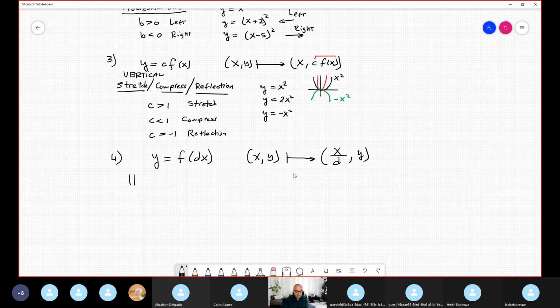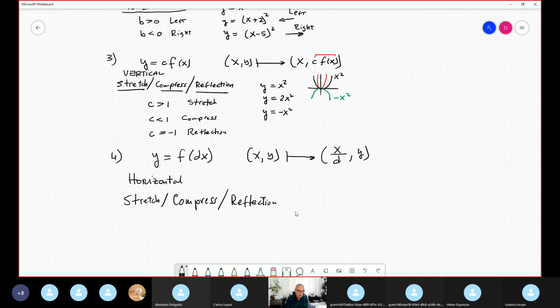And the action, again, is horizontal. It's horizontal because the transformation we are doing on the x component is horizontal. But horizontal maybe stretch again, or reflection, no?